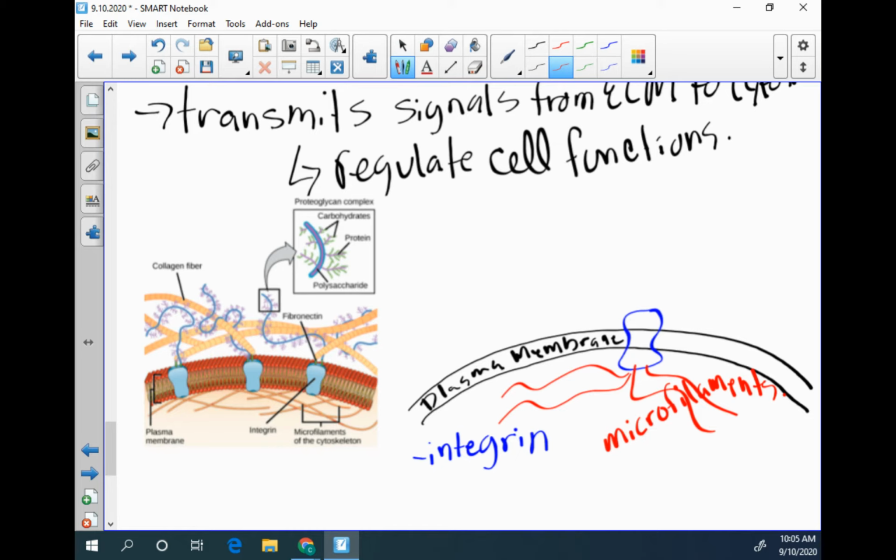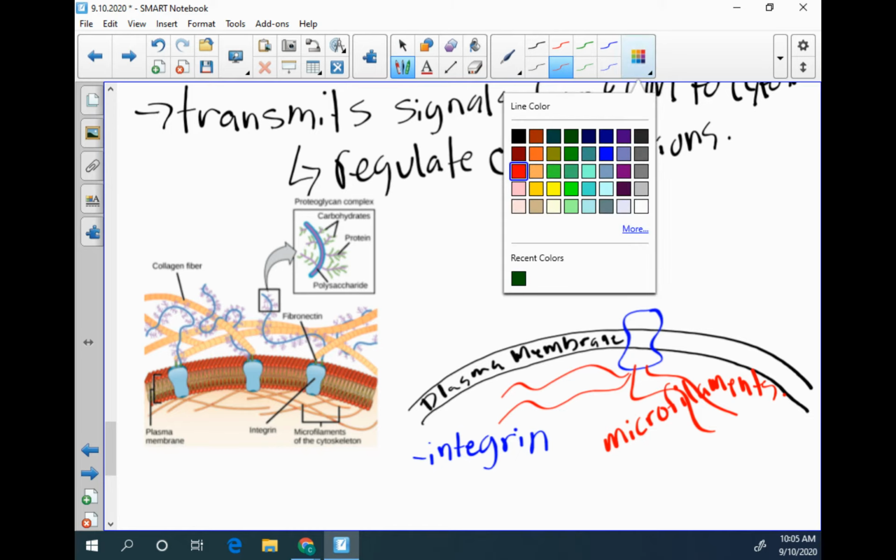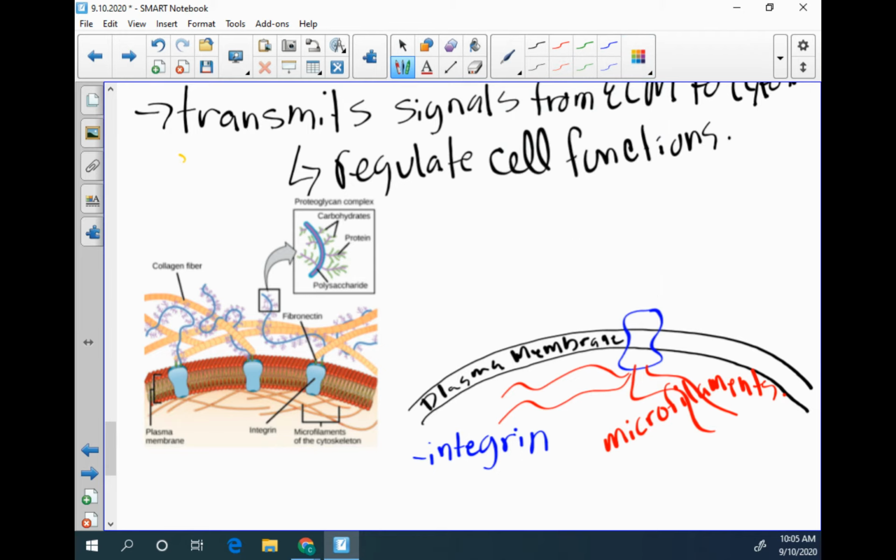Now, on the outside, this yellow, try to keep the same color. This yellow is our collagen. So, collagen is a glycoprotein or carbohydrate containing molecule protein.